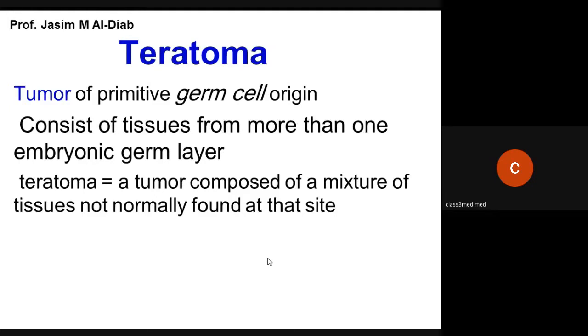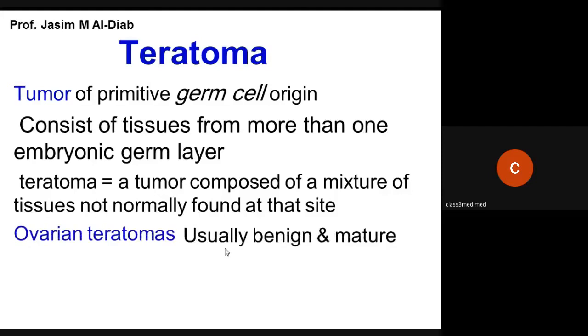The most common site for the teratoma is the ovary. In your practice, you will see teratomas mainly in the ovary.